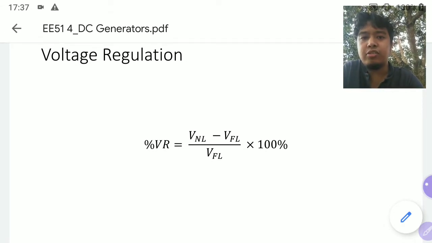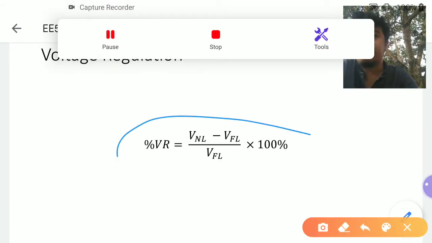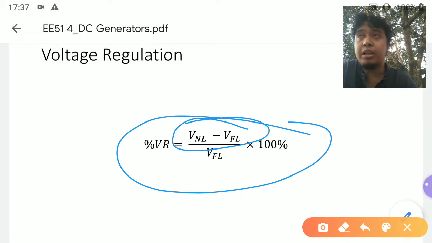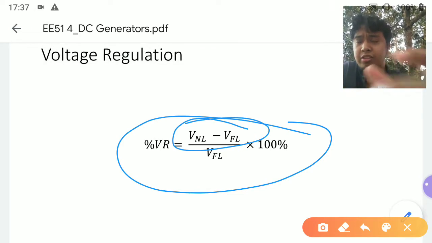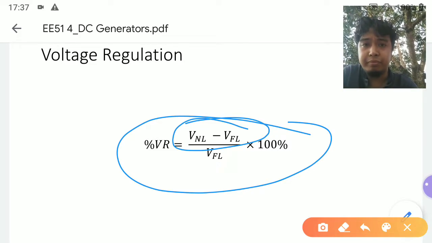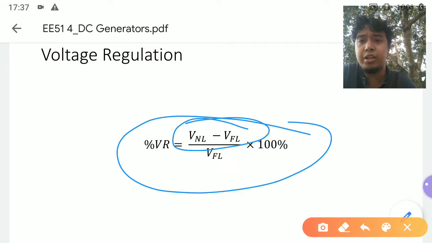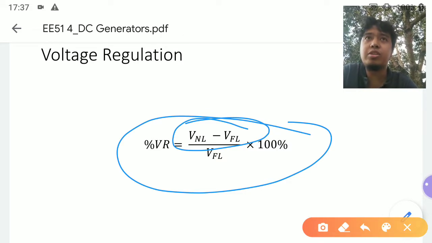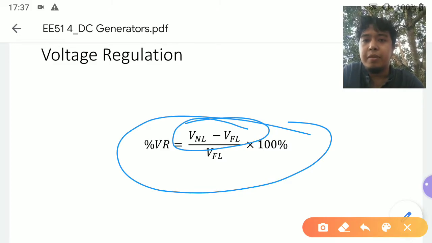As you can see in this formula, there is a difference between the voltage at the terminals when it is no load and when it is fully loaded, or full load. So that's how you get the voltage regulation: that difference divided by its rated voltage, or its voltage at full load.